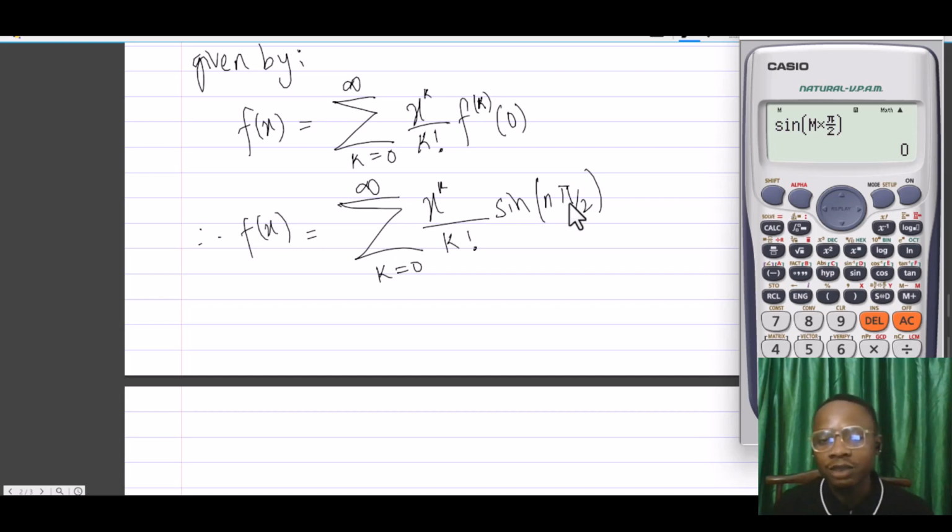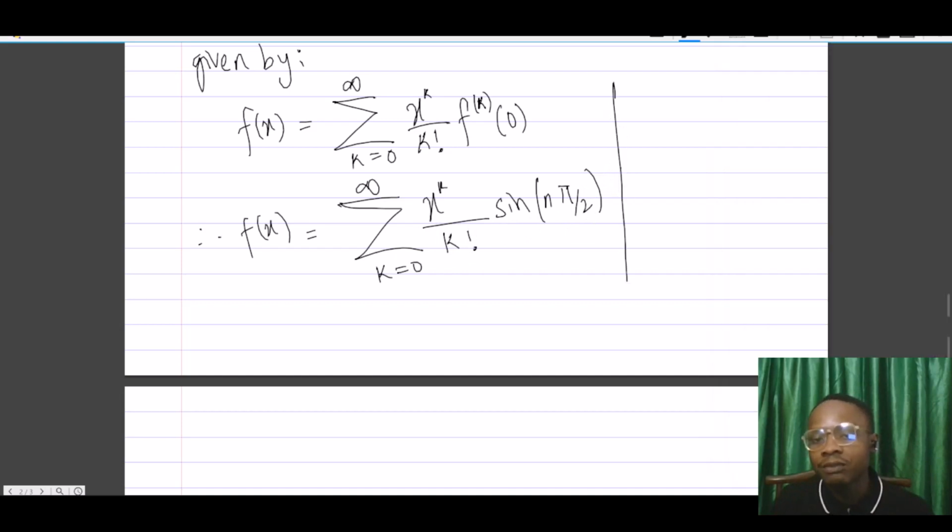In the previous lesson, we did observe that sine of n pi over 2 is going to be equal to 0 whenever n is even. So if n is even, it's going to be 0, and it will be plus or minus 1 whenever n is odd.